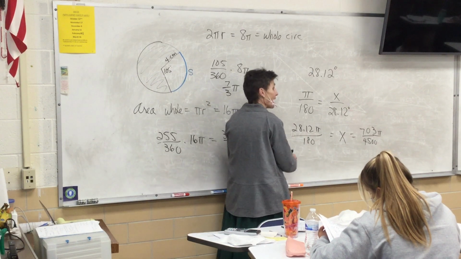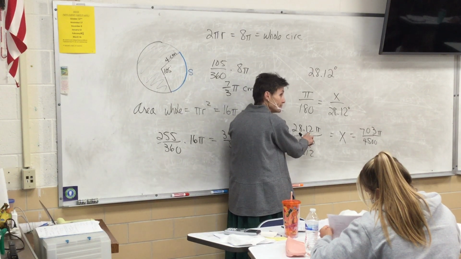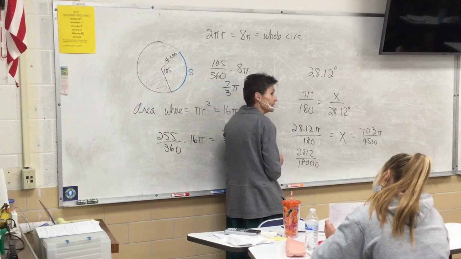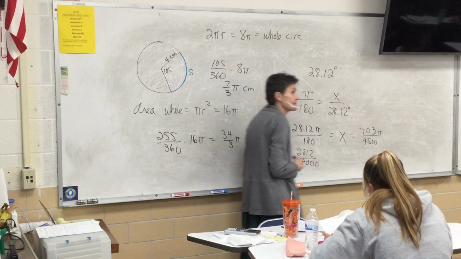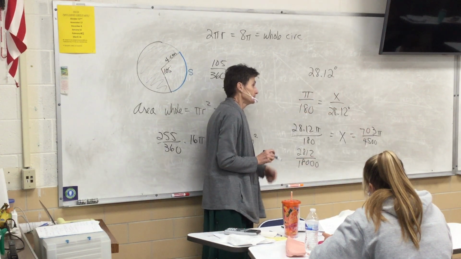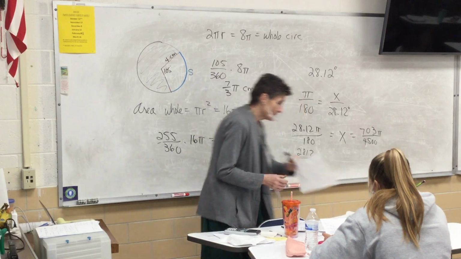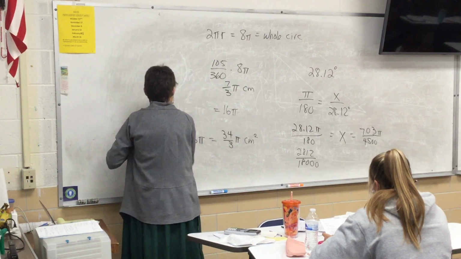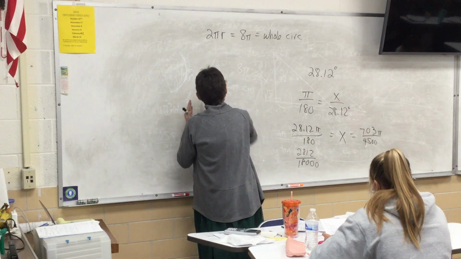So basically what happened here, Abby, is we multiplied by 100, and then multiplied this one by 100, and then that fraction reduces to this.